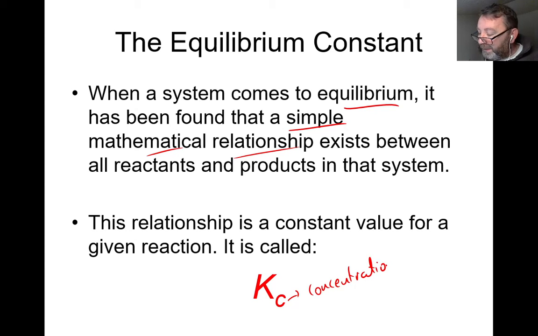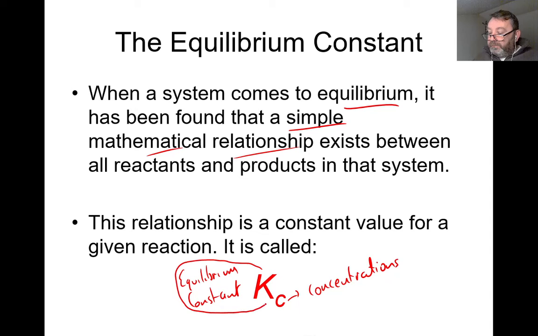So in other words, we're going to be calculating the equilibrium constant by taking in the concentrations of all reactants and products. K is the equilibrium constant, and C means it is being calculated using the concentrations of all reactants and products.